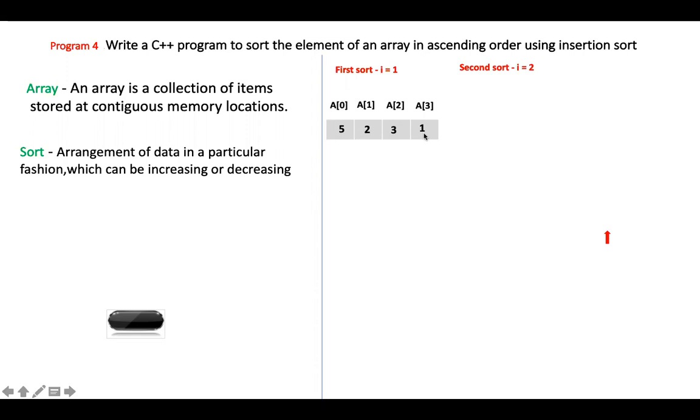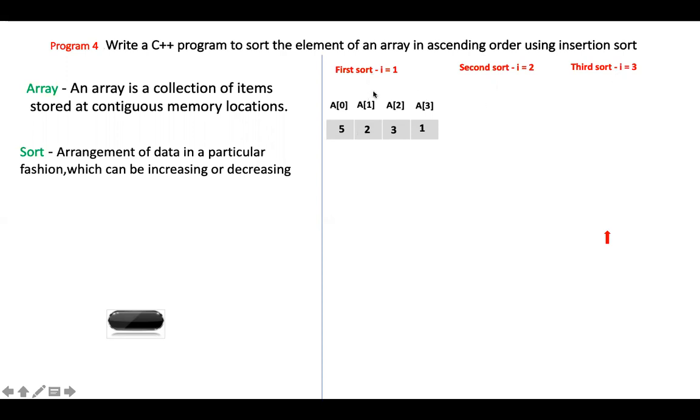Since we have 4 memory locations, we'll be arranging the elements 3 times. We'll take 3 iterations. See, if we have 4 boxes, we'll do 3 iterations, by exchanging each element with the preceding element or succeeding element. So I have first sort, second sort, and third sort.